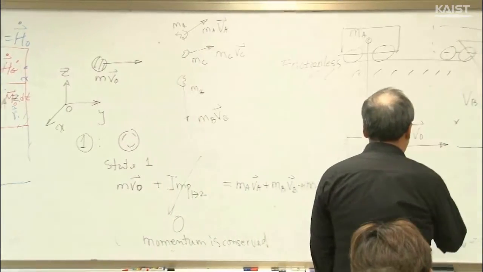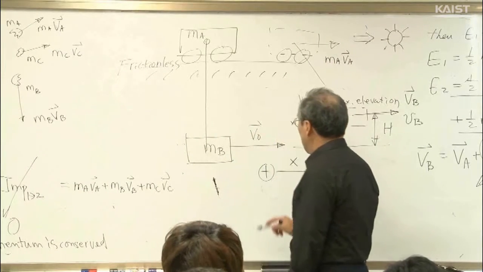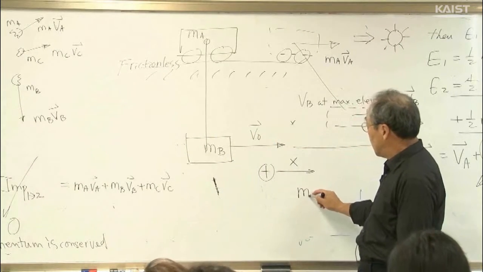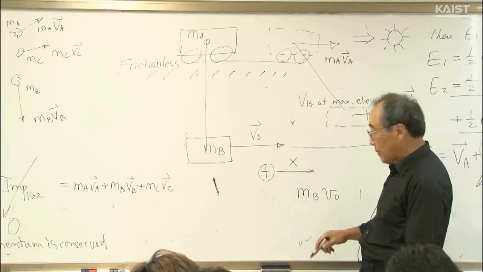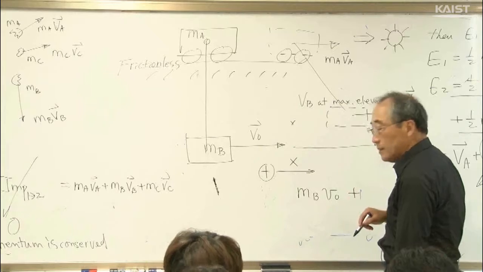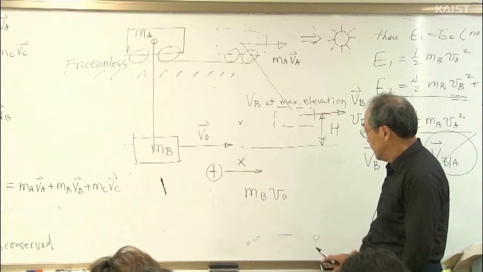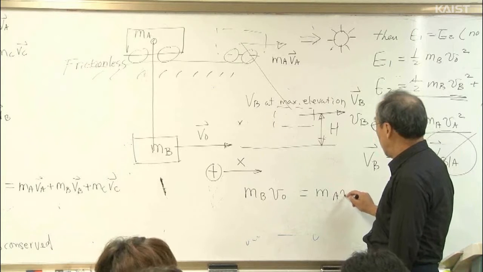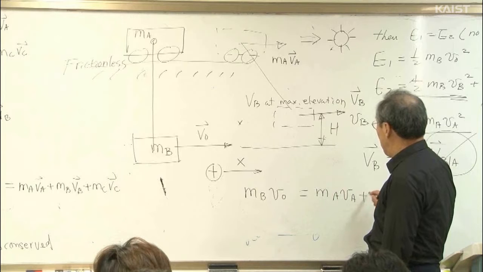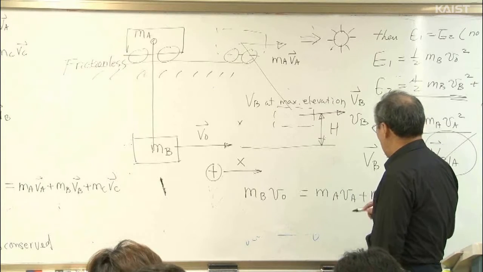So in x direction, initially we have linear momentum, and that has to be ma VA plus mb VA.